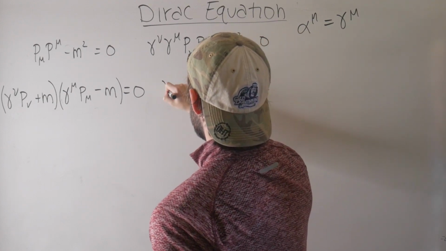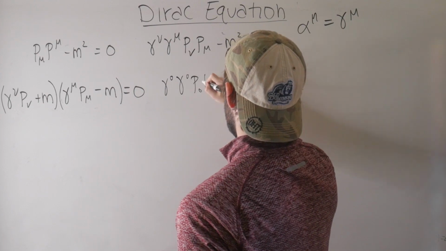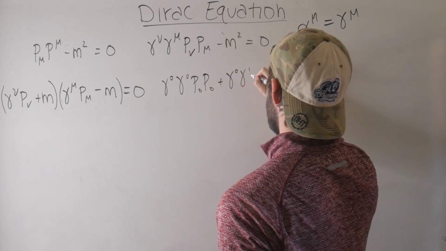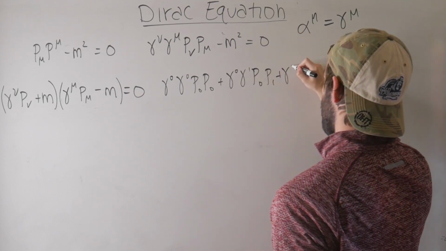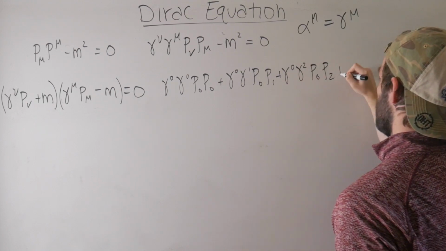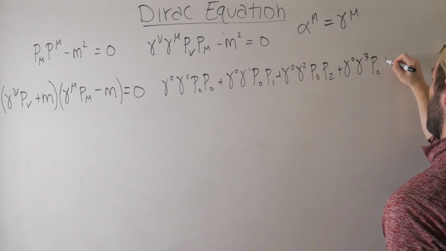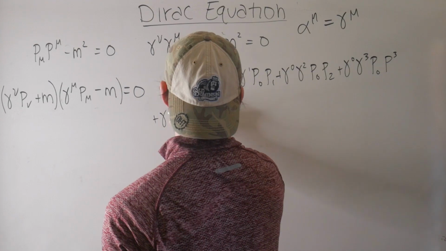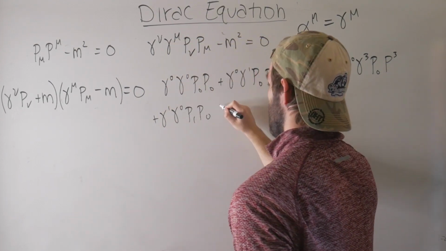So if we start at 0, gamma 0, gamma 0, p0, p0, plus gamma 0, gamma 1, p0, p1, plus gamma 0, gamma 2, p0, p2, plus gamma 0, gamma 3, p0, p3, plus gamma 1, gamma 0, p1, p0.